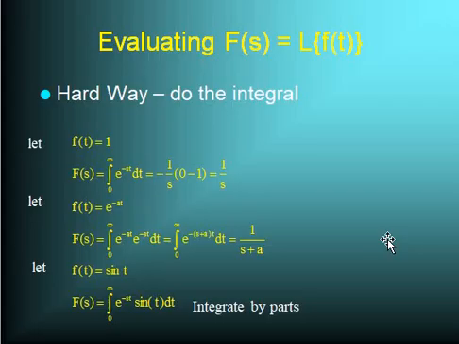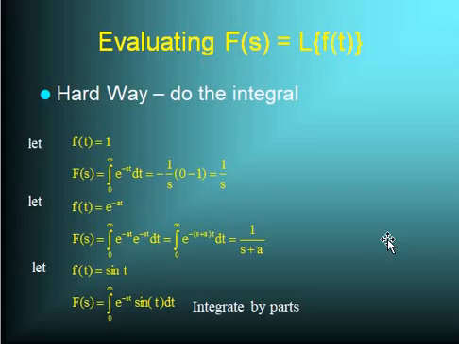Now consider a function f of t equal to 1, with F of s equal to the integral from 0 to infinity of e power minus st dt, which gives the result 1 over s. In the second example, f of t equals e power minus at, with the integral from 0 to infinity of e power minus at multiplied by e power minus st dt.